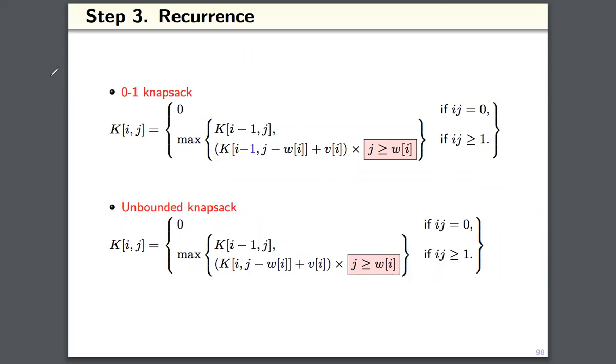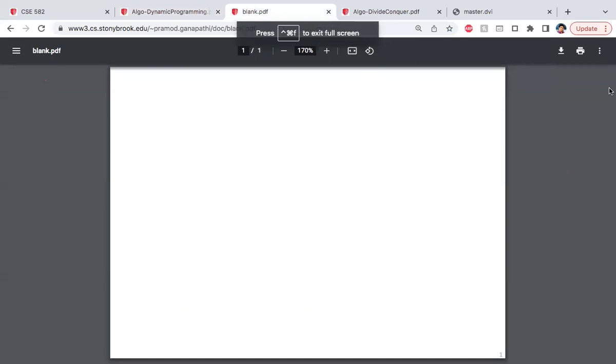You will derive this recurrence, okay? See, K of i comma j.